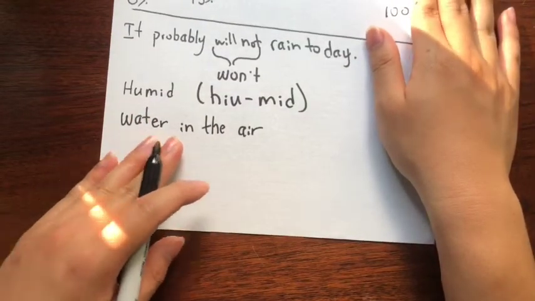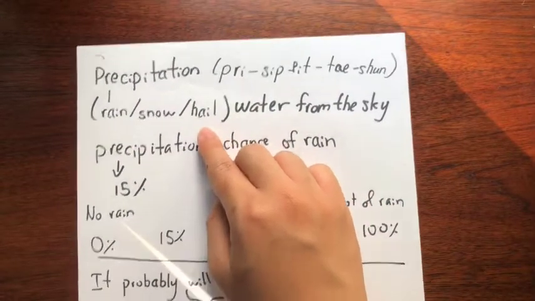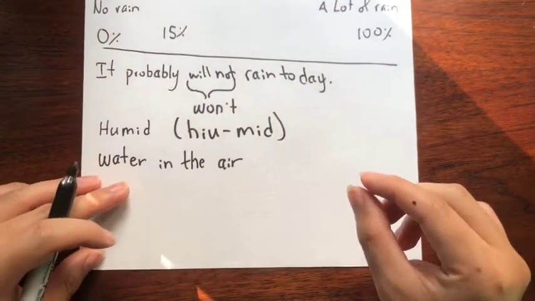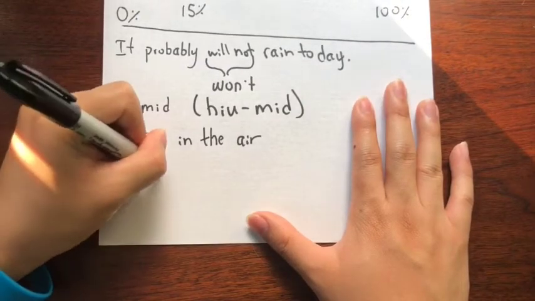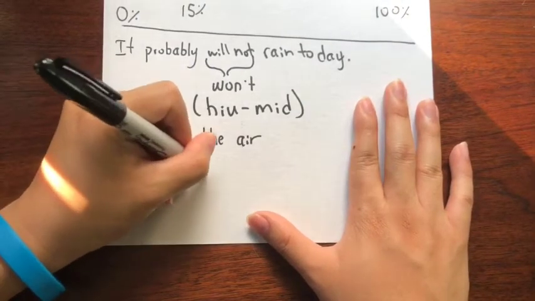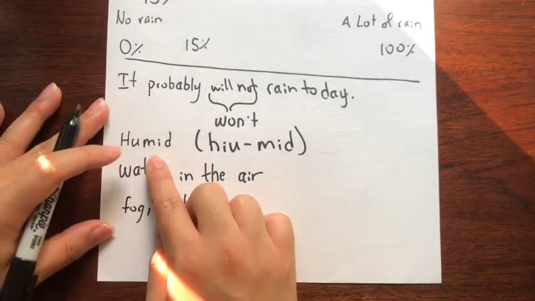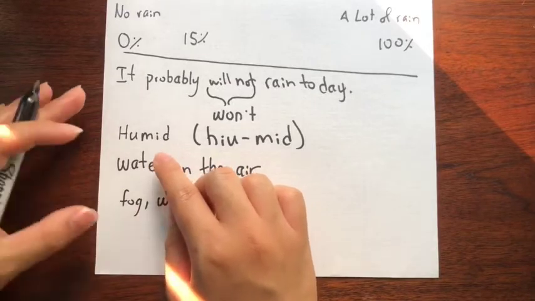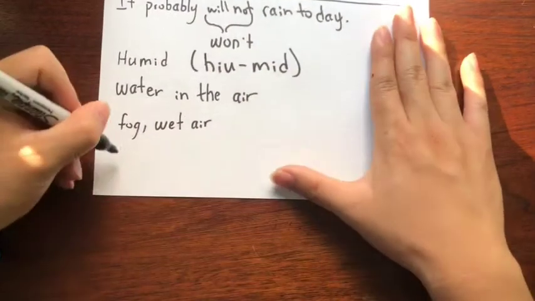When I say water in the air, I don't mean rain, snow, or hail. I mean just a little bit of water, like fog or just wet air. So when you're in the bathroom and you take a hot shower, the air in the bathroom becomes very humid. There's a lot of water in the air.